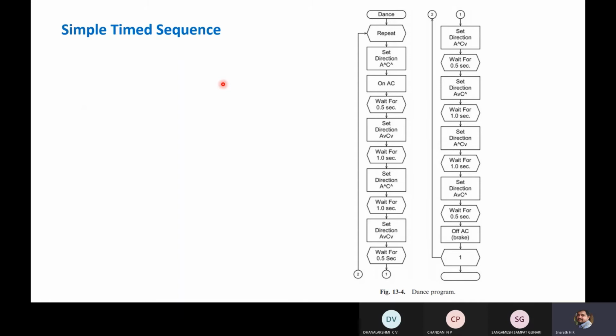By applying two things, one is delay using a timer, another is changing the direction, you are able to achieve a set of movements. That can be programmed in the simple time sequence method. This program consists of a sequence of timed actions. That means after a few seconds this should happen, after a few seconds this should happen. Like that you are writing the program.